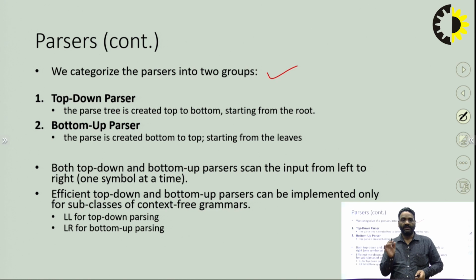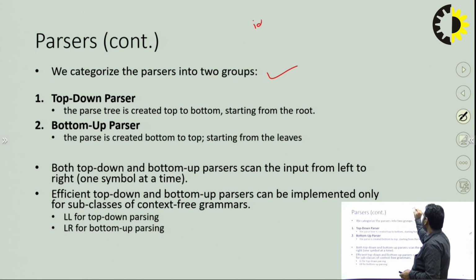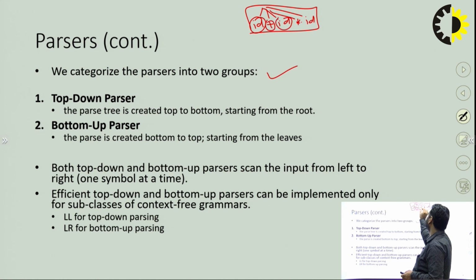These are the string symbols. Suppose we have the string id plus asterisk id. This is our string. So we have these symbols: first id, then plus, then id, then asterisk, then id. These are all known as leaves.